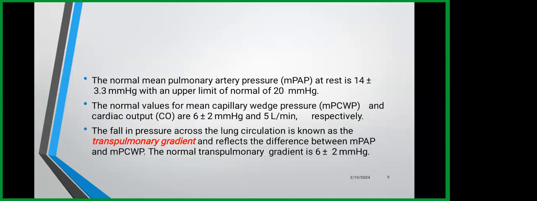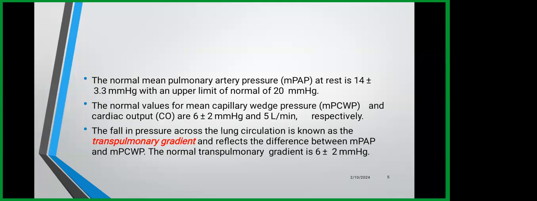I've said this: normal mean pulmonary artery pressure at rest is 14 plus or minus 3, with an upper limit of normal of 20. For mean capillary wedge pressure, the normal is 6 plus or minus 2. And normal cardiac output is approximately 5 liters per minute.